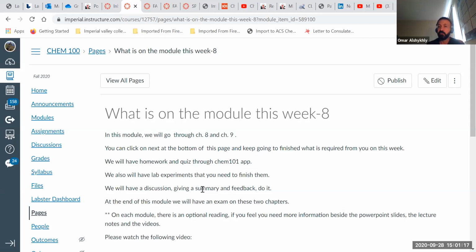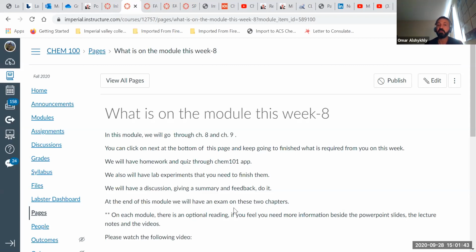Don't forget, some experiments you have to do through Labster, the virtual lab, and some of them need some dry lab, which I call the online lab, with maybe some calculation, or where you will find the structure, the shape, and the polarity of the molecule. That's what we're going to do in our lab experiment this week.